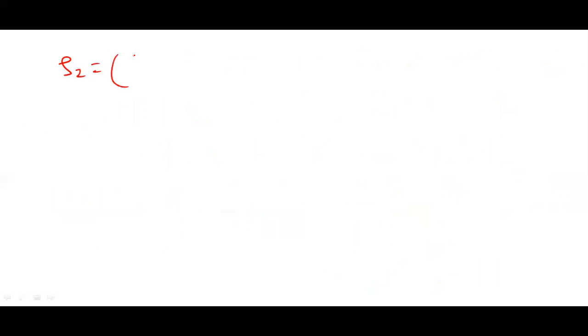Rho 2 is a permutation in which 1 maps to 2, 2 maps to 3, 3 maps to 1.